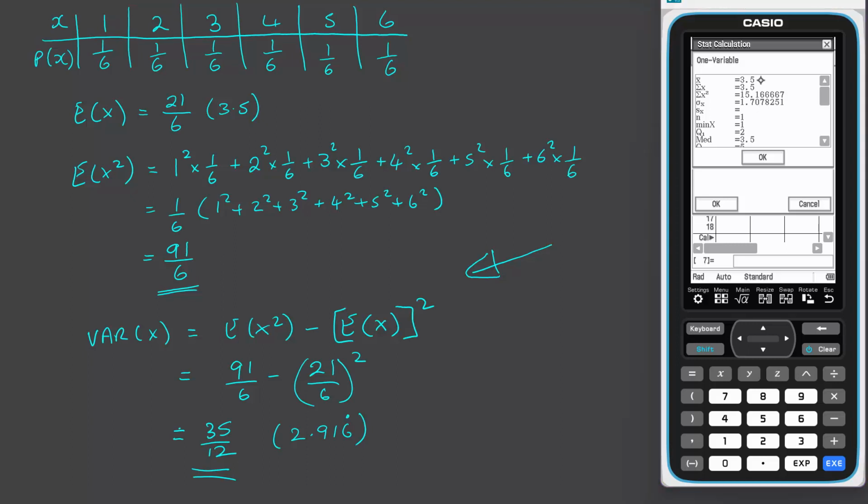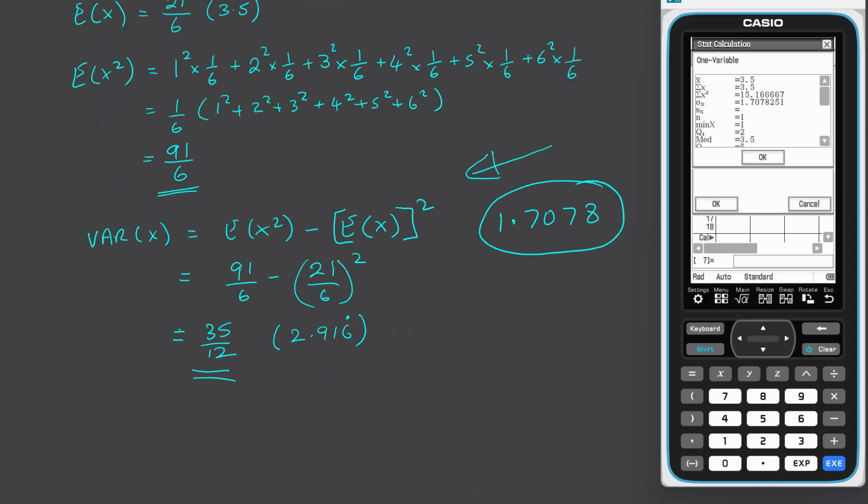Now, you'll see at the top the expectation is 3.5, the mean is 3.5, and you can see the sigma x value here is 1.7078. Let's just put that down there. That was the value for the standard deviation here, sigma x. So the standard deviation of x we know is the square root of the variance.